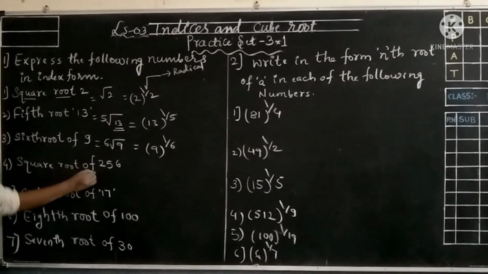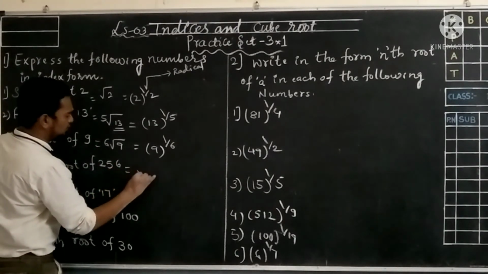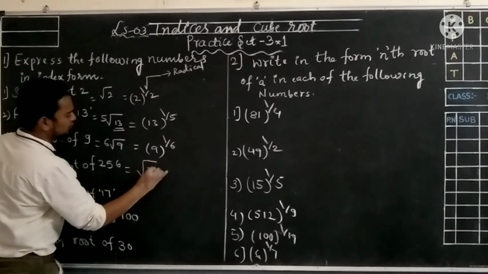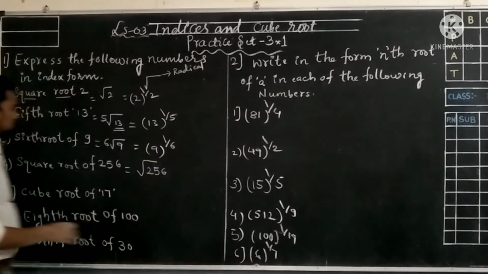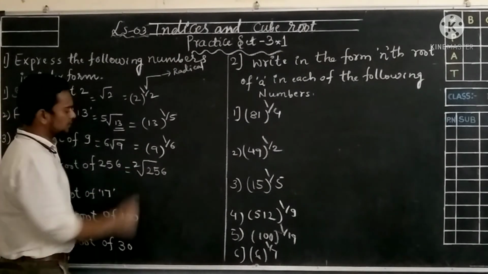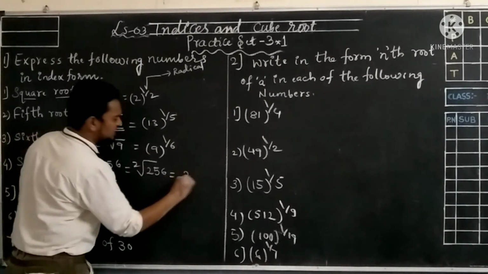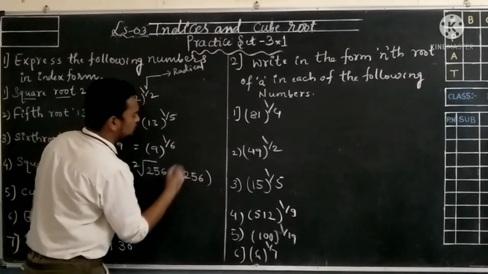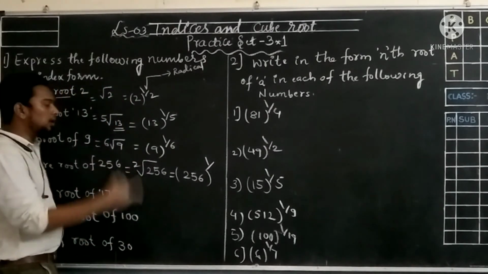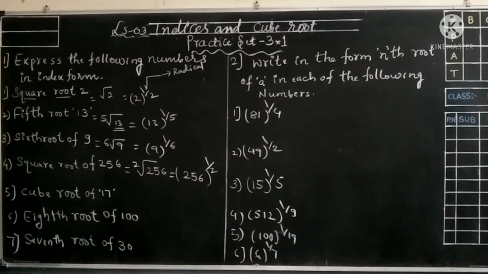Next, square root of 256. Square means 2. 256 as it is. Now we will write 1 upon 2. This square root is converted into 1 upon 2 in index form.